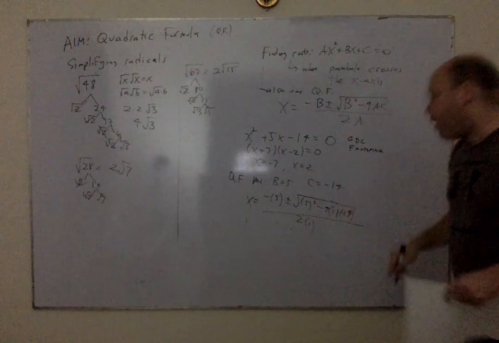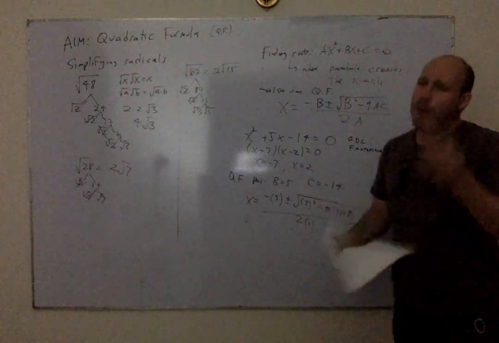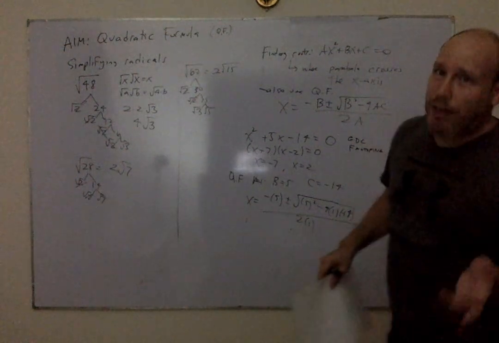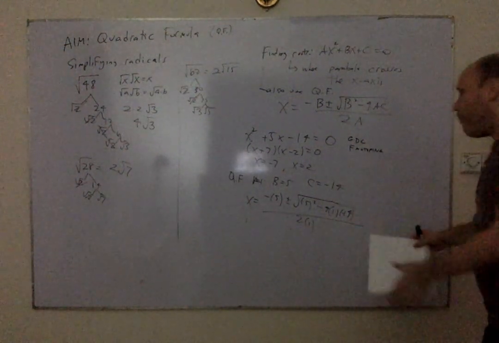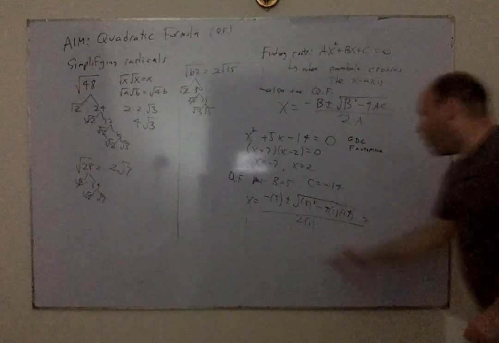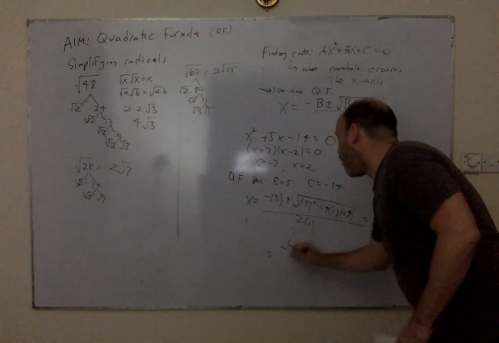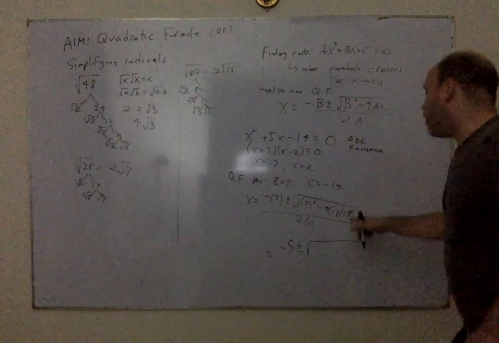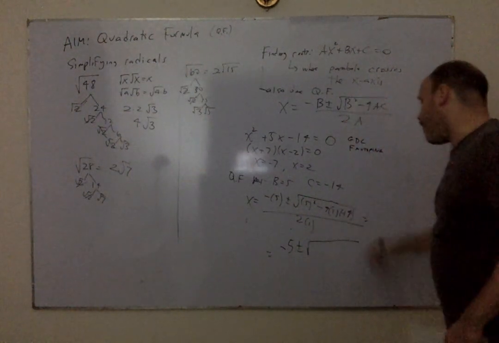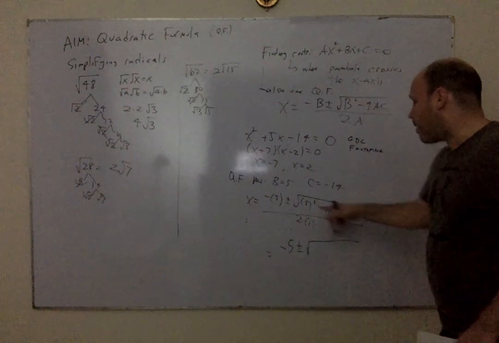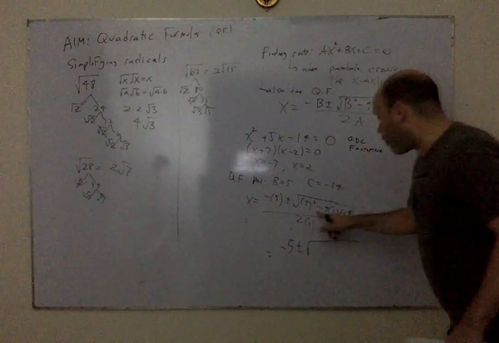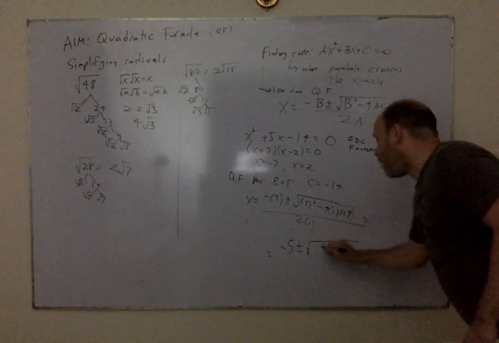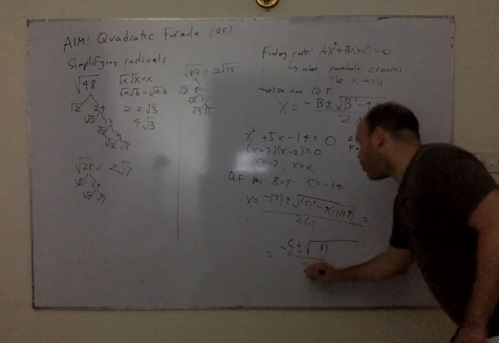If you have to use the quadratic formula, you're going to get to use a calculator. So we have negative 5 plus or minus the square root of 14 times 4 is 56, and 56 plus 25. Remember, because we're subtracting a negative, it's 25 plus 56, that's 81 all over 2.